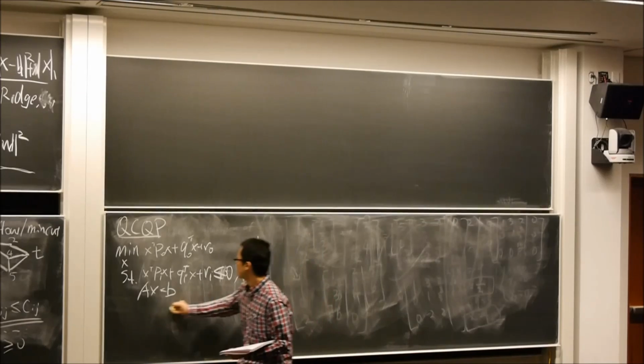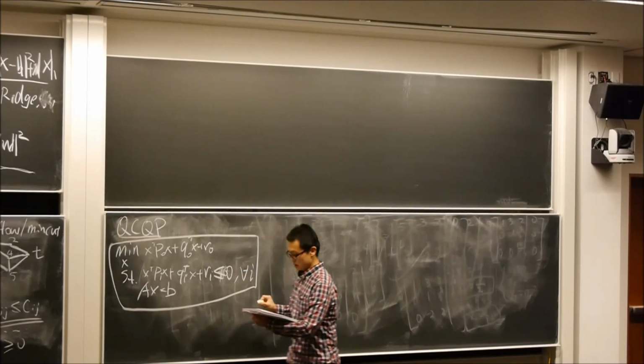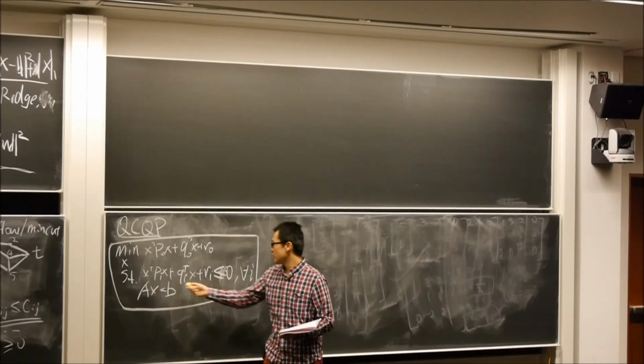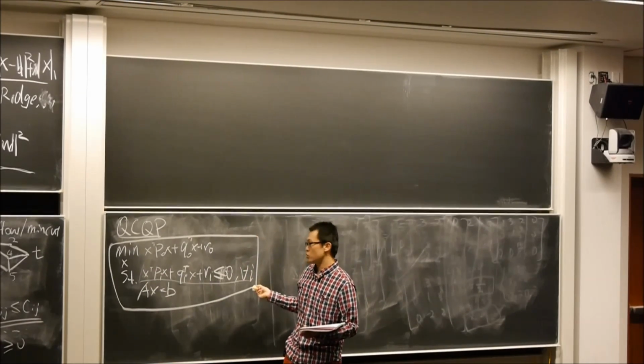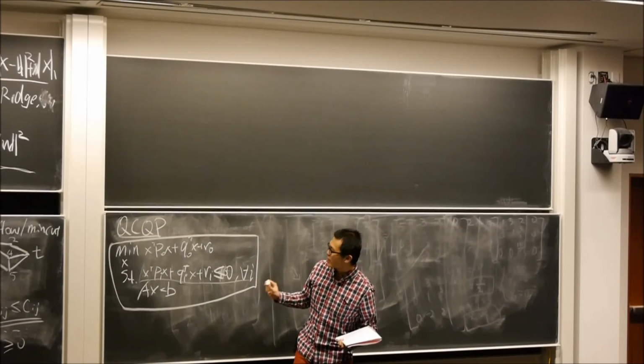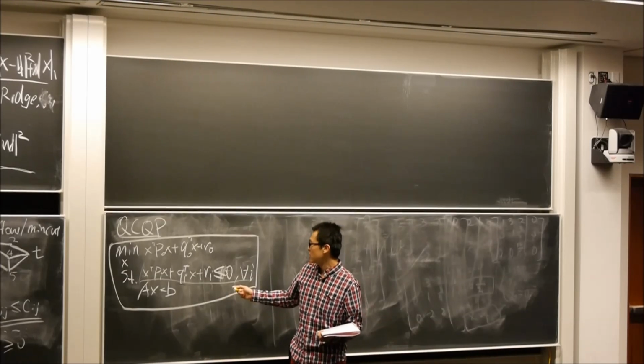So this is a QCQP. As we can see, the difference is only that we put a quadratic constraint instead of needing everything to be linear.